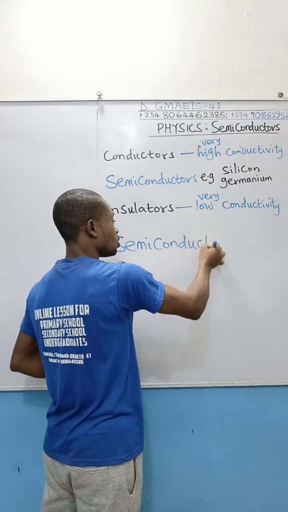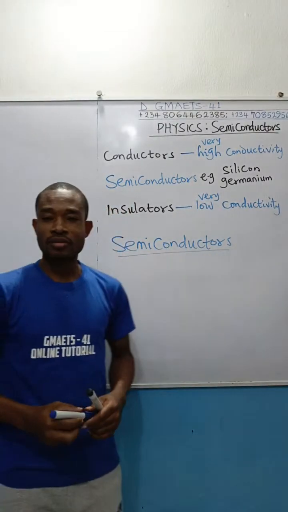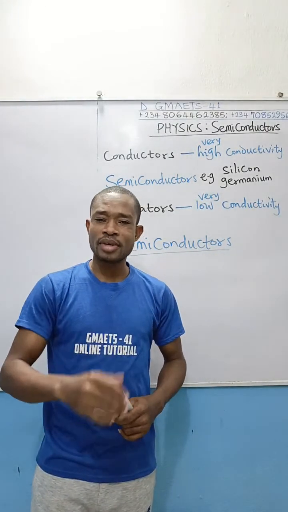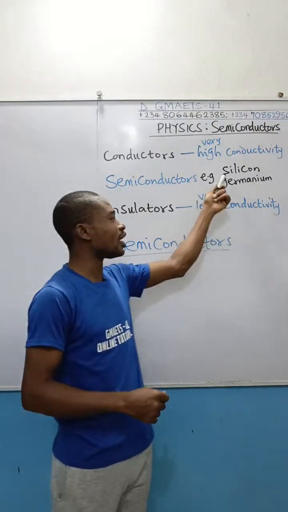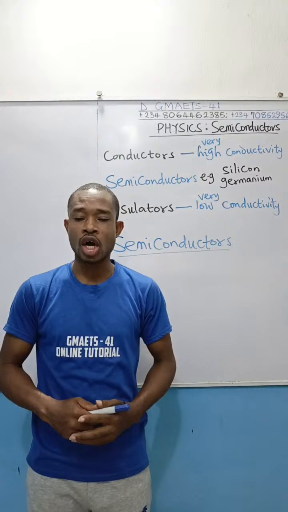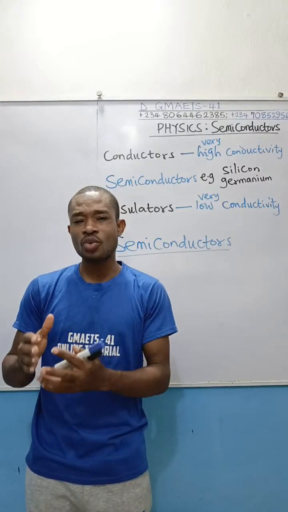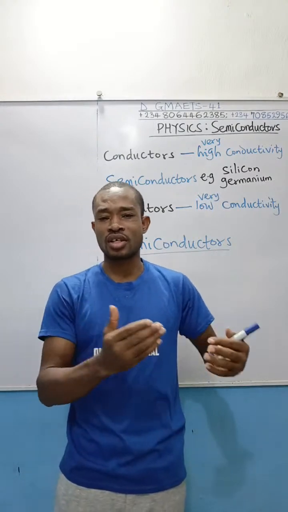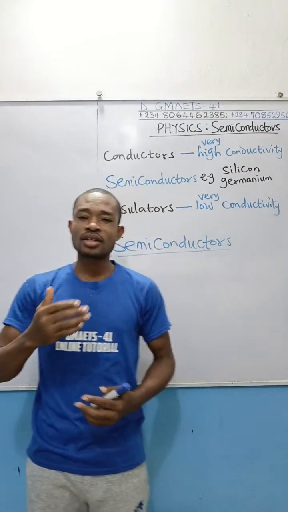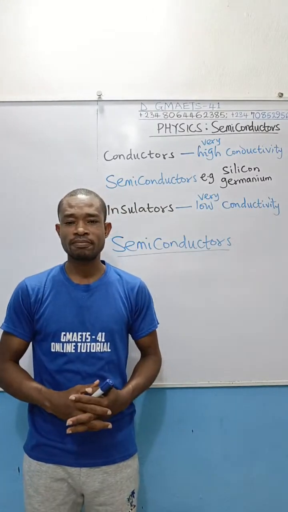Having told you what semiconductors are and the two examples this class is going to focus on, we would now like to give attention to the conditions under which semiconductors will conduct electricity and the conditions under which they will not conduct electricity.